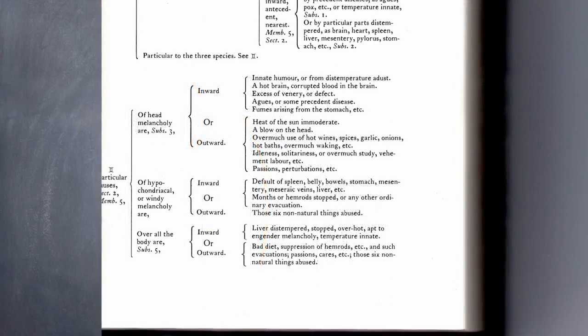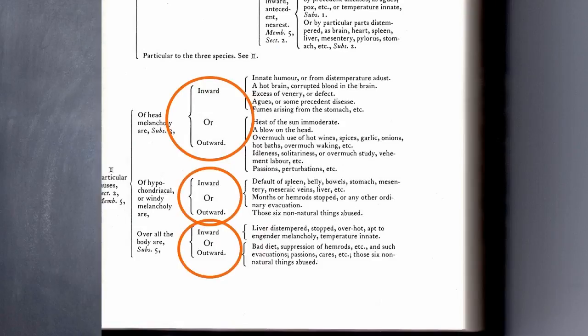Next, look how this duality of inward and outward is repeated. Again, inward and outward, and again, inward and outward. This is a very, very good lesson. If you have found a good way to subdivide any of your sections, you can use it and reuse it to divide any of the other sections, just the way this author is doing here.